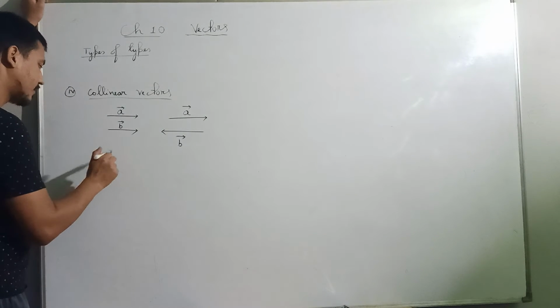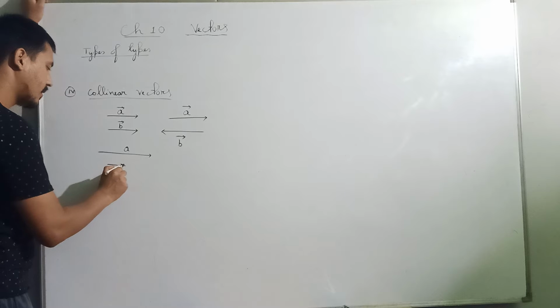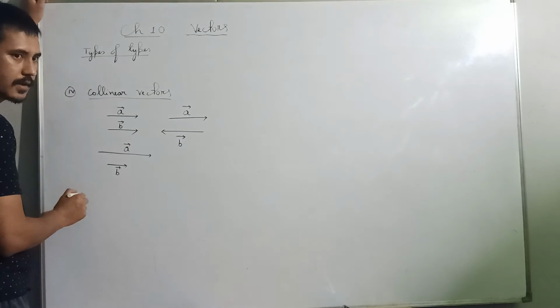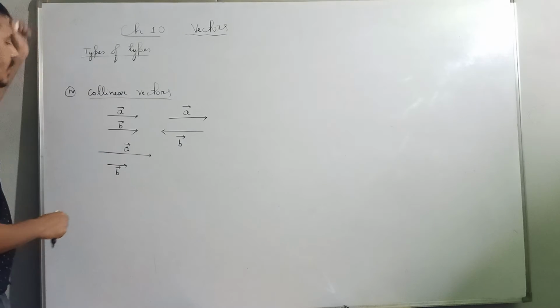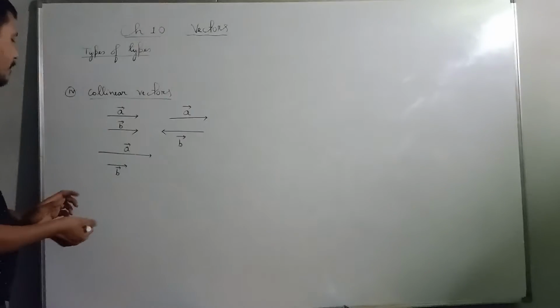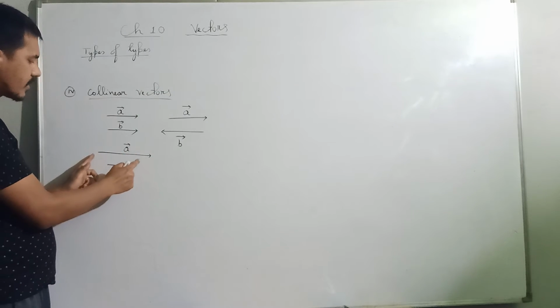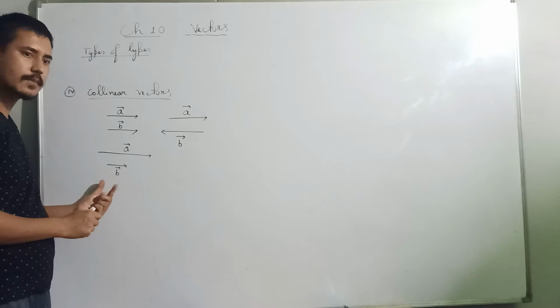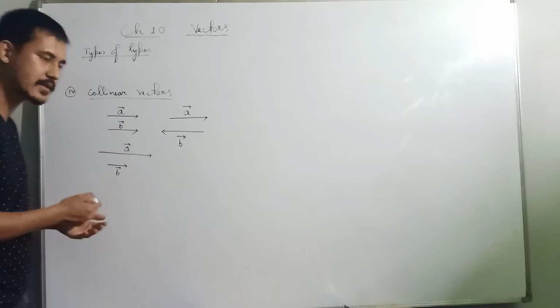Suppose these are two vectors, vector A and vector B. I want to show that they are collinear. In order to show that, you compare their magnitude. Which vector has lesser magnitude? B has lesser magnitude. Are they in the same direction? Yes.